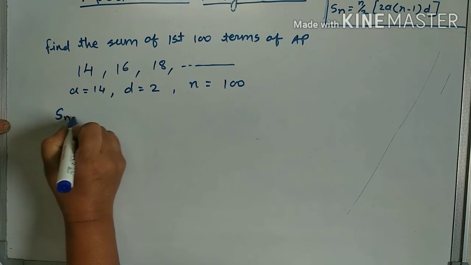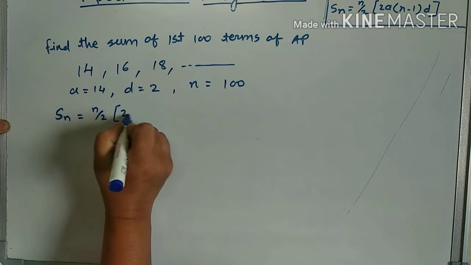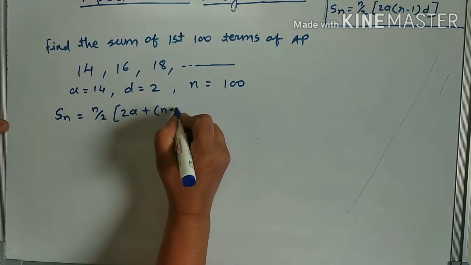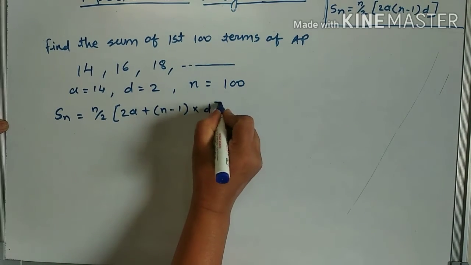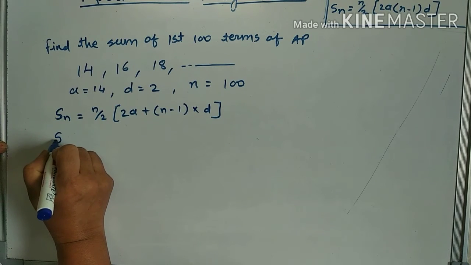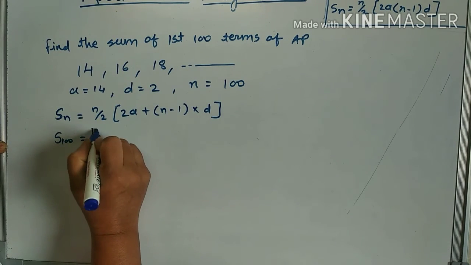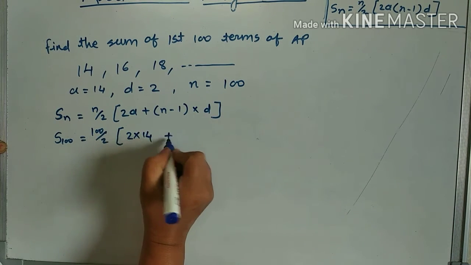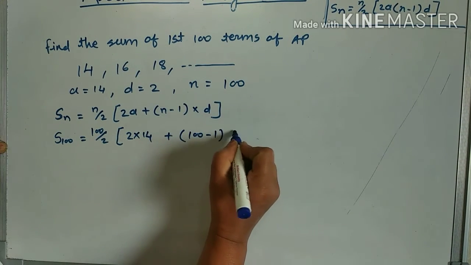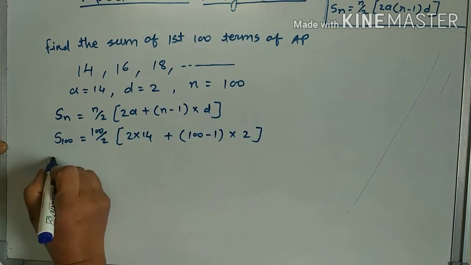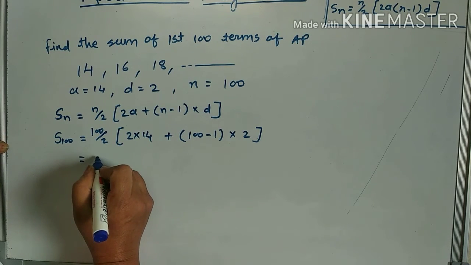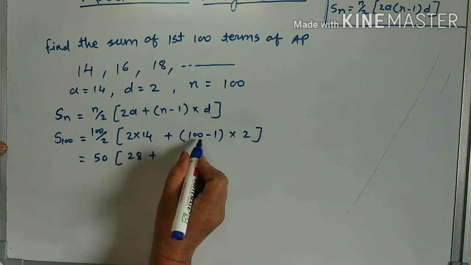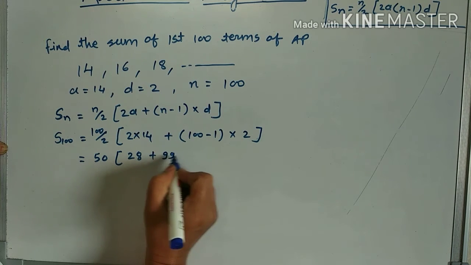Our formula is Sn equals n by 2 into 2A plus n minus 1 into D. Now S100 equals 100 upon 2 into 2 into 14 plus 100 minus 1 into D, which is 2. 100 upon 2 is 50, 14 into 2 is 28, plus 99 into 2.